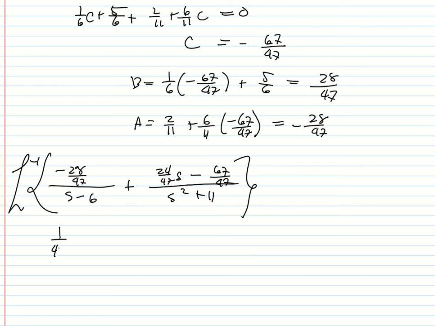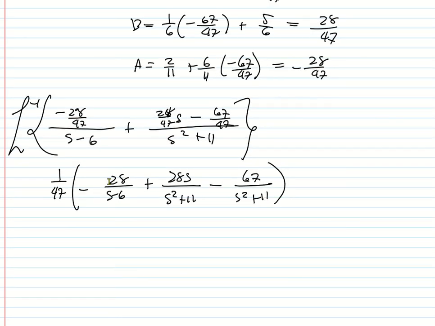So here we have negative 28 over s minus 6. Then here we have 28s, the 47 is factored, all over s squared plus 11, then minus 67 all over s squared plus 11.